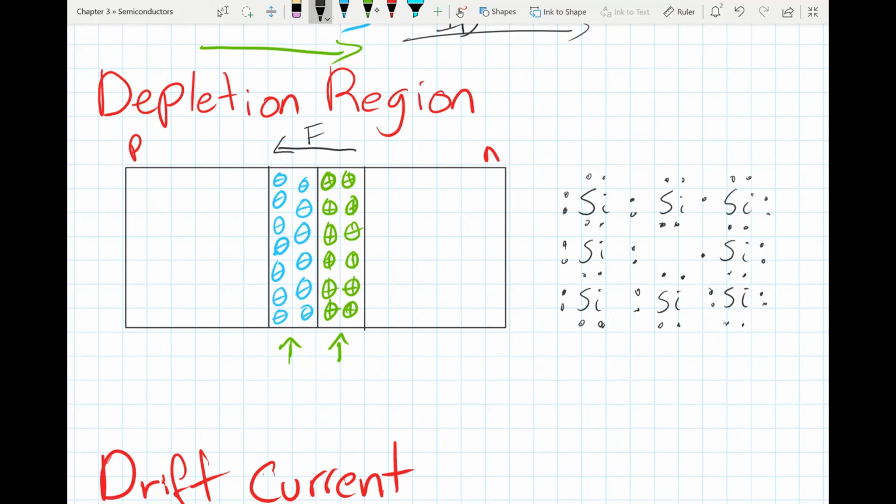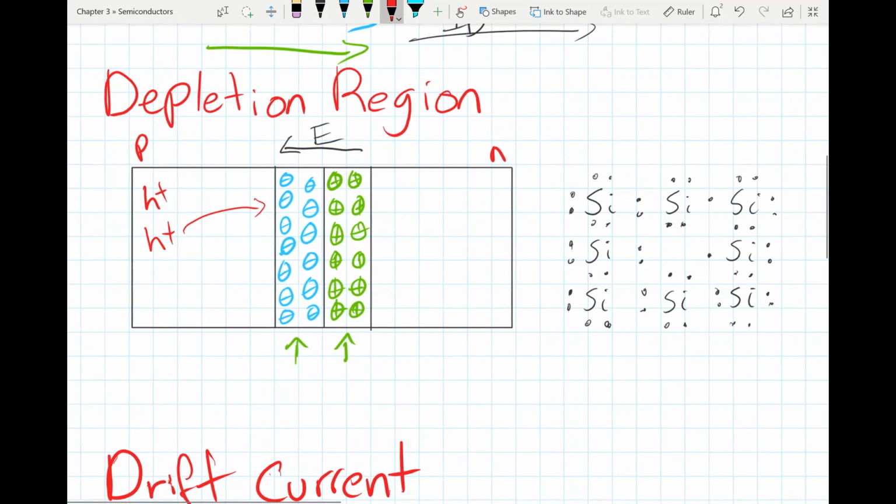That electric field is going to stop, let's say we have some majority carrier holes diffusing into the other side, but now they're facing a barrier, an electric field that's going to prevent them from continuing to flow into that side.